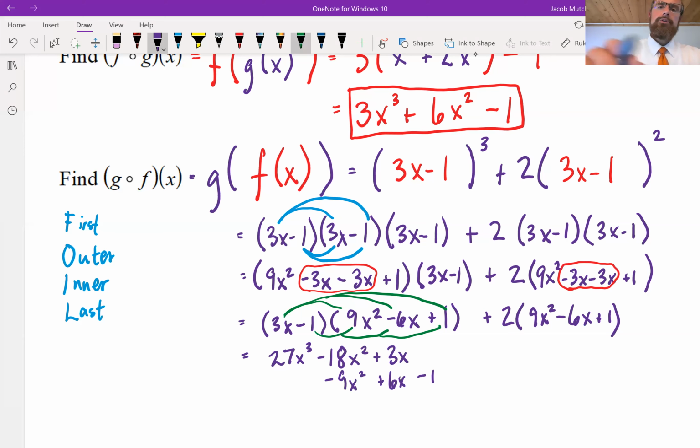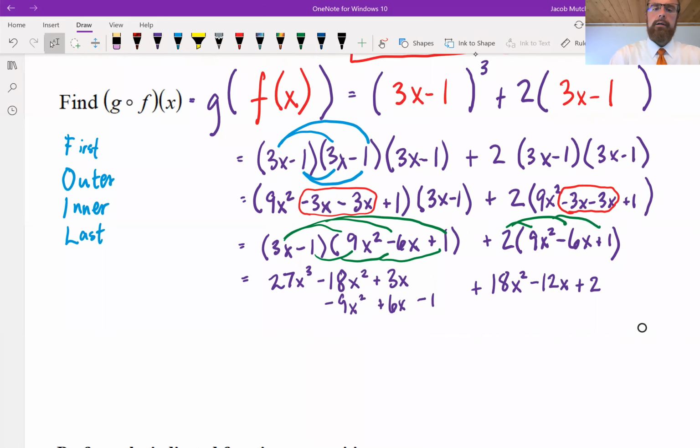I also want to distribute this constant 2 through that second trinomial. So this becomes plus 2 times 9x squared is 18x squared. 2 times negative 6x, negative 12x. 2 times 1 is positive 2. So all the distributing is complete.